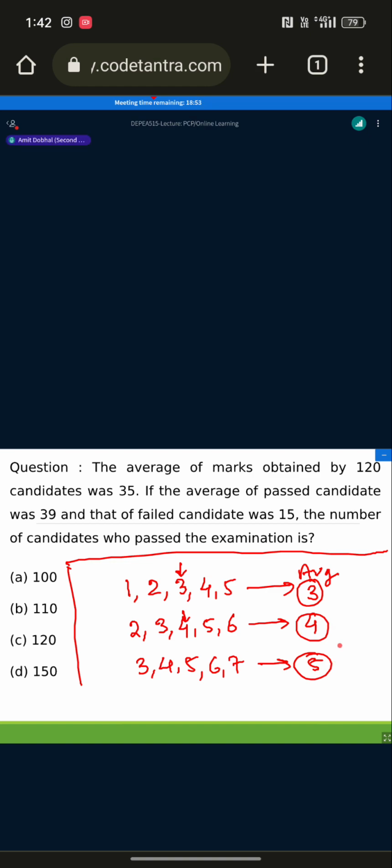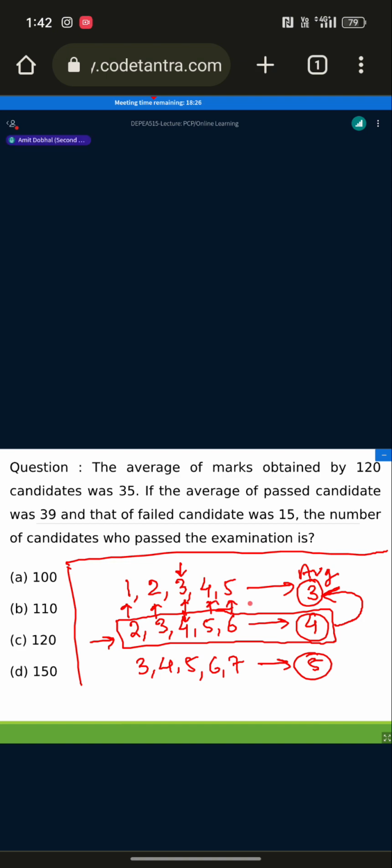Now, what is the case here? So let's take this as my group. So now here the concept is if the average decreases by 1, you can see each member of the group is also decreased by 1. Can you see that?